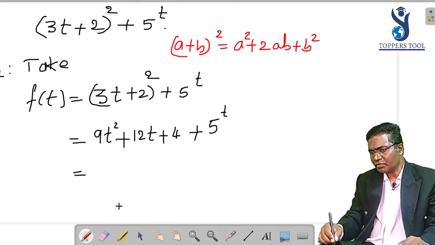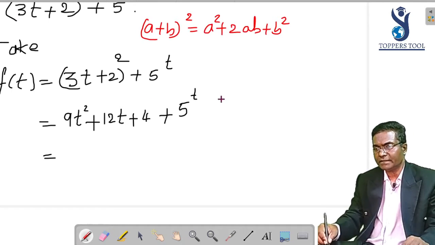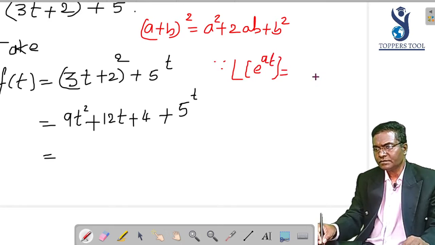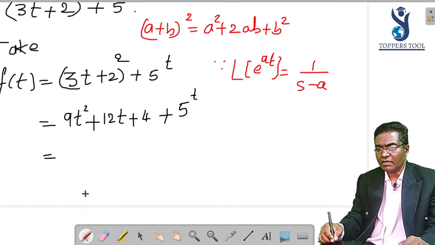And one thing to be noted, we know the Laplace transform of e power at is 1 by s minus a, but we have here a power t, like 5 power t. So you need to convert it.